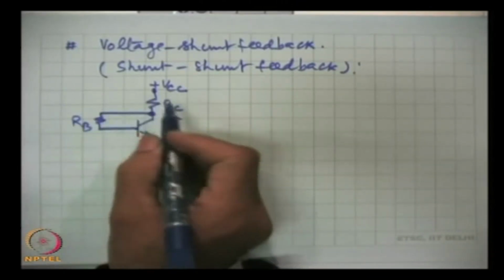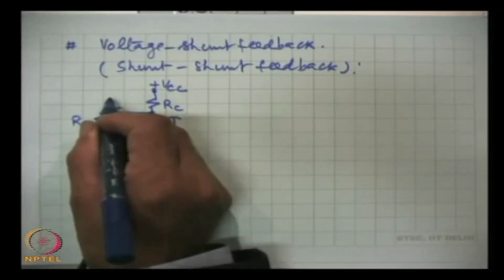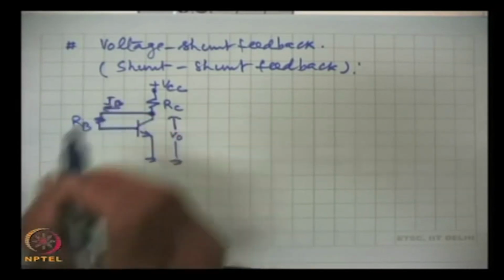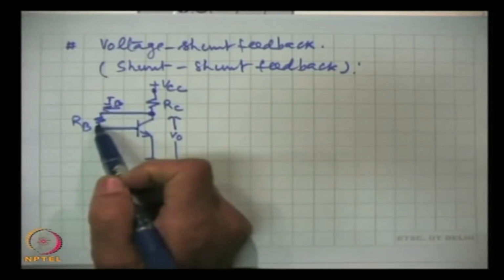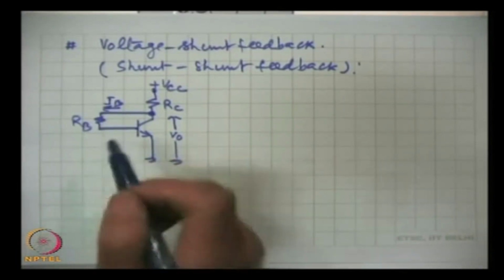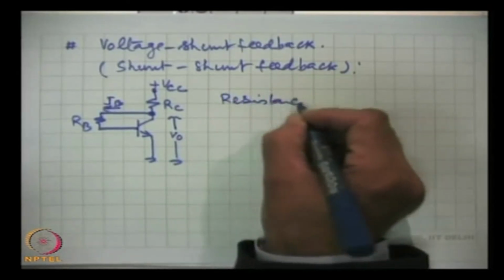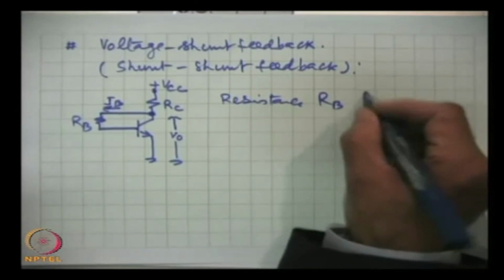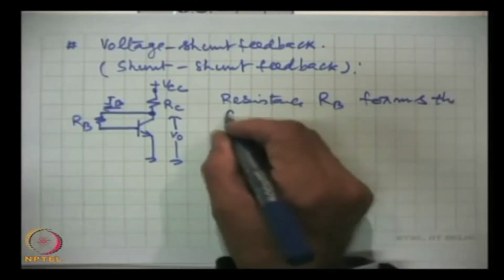I am sure you will recall this circuit. This is IB. Here the feedback is through this resistance RB. So, resistance RB forms the feedback network.